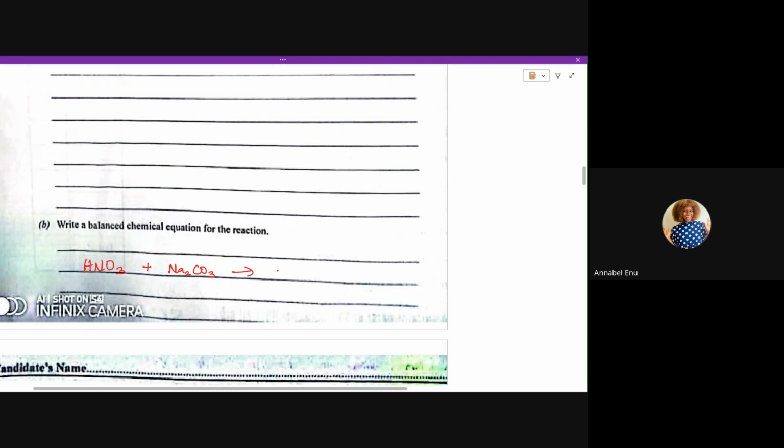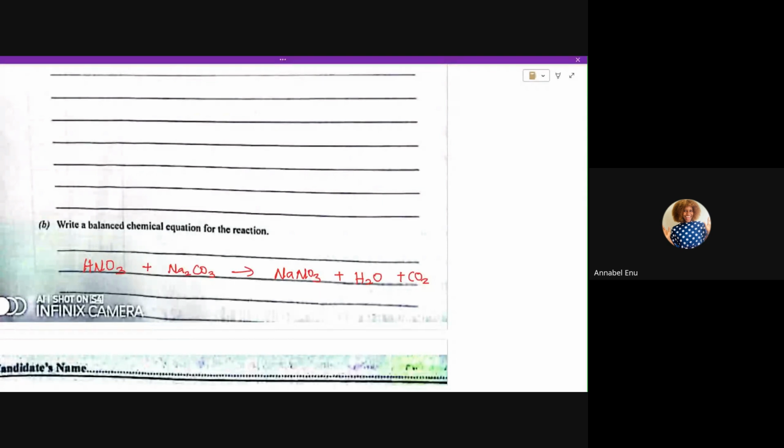First off, we get our salt, the positive side being donated by our base, which is the sodium, and the negative ion being donated by our acid, which is the NO3 ion. So that's our salt, then our H2O, and then carbon dioxide, because it's a carbonate that's acting as a base. Now the next thing is to balance it. Our equation is not balanced yet.